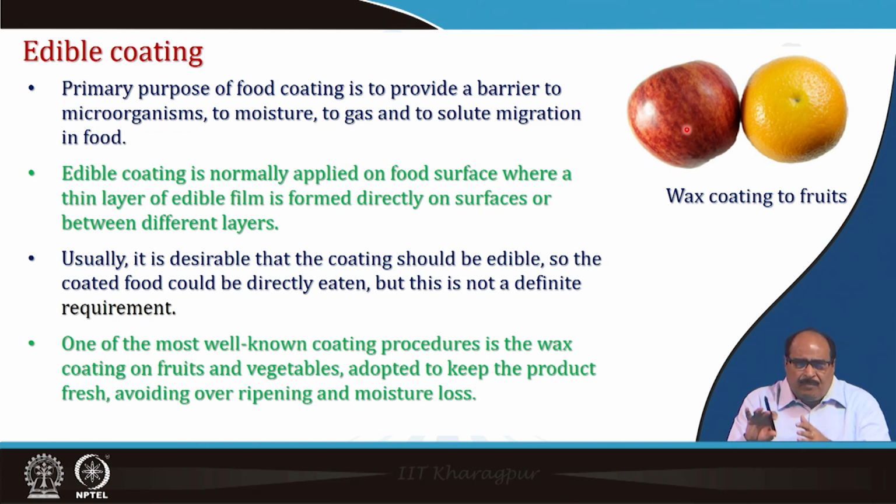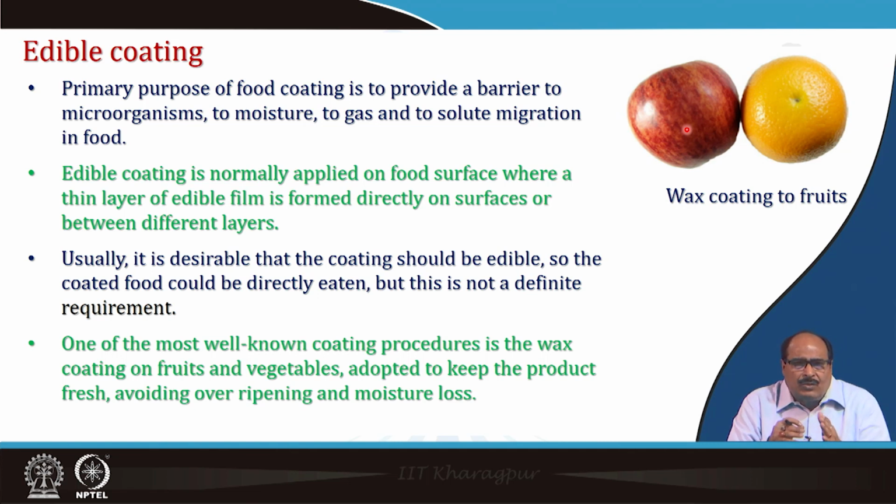So, that is scraping of this wax and there may be some interaction etc. So, there is a need to replace these non-edible materials with edible films or coatings so that the fruit can be directly eaten, even coated fruits.